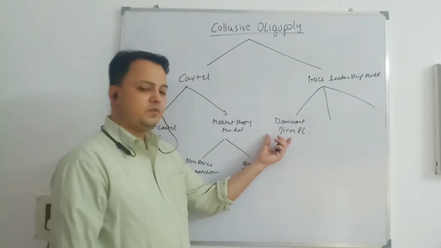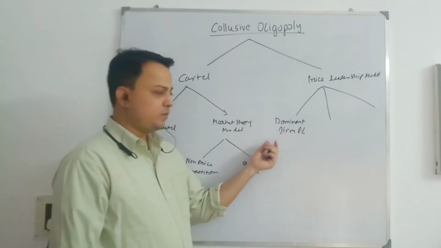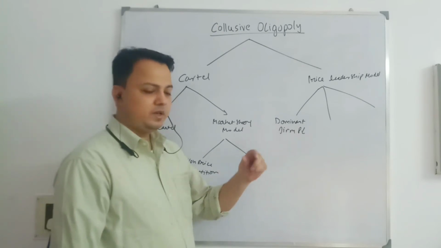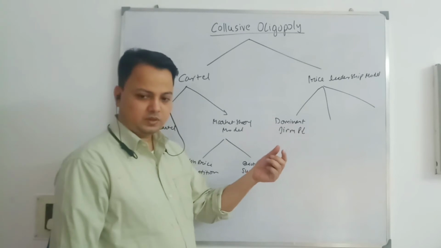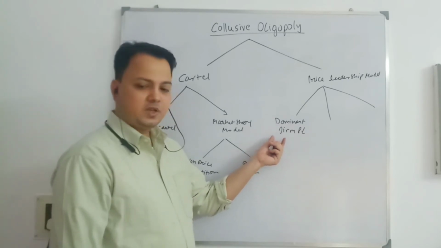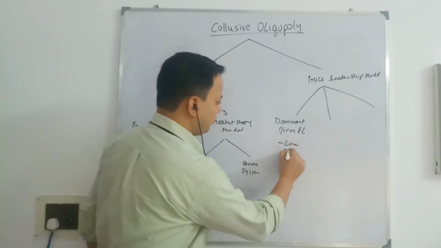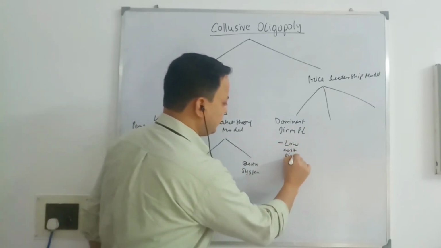The thing that we are considering here is that the firm that becomes the dominant firm will be holding a large market share. The implicit assumption is that this firm must be a low cost firm.